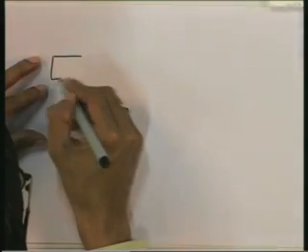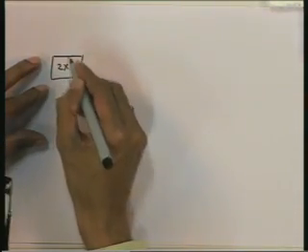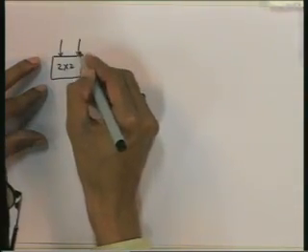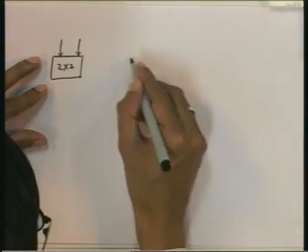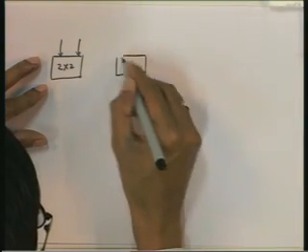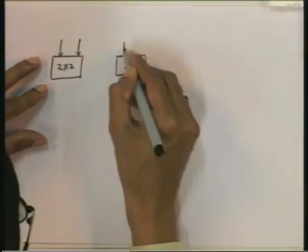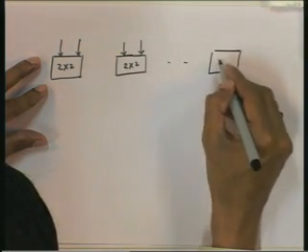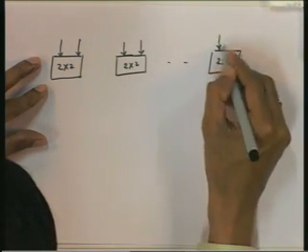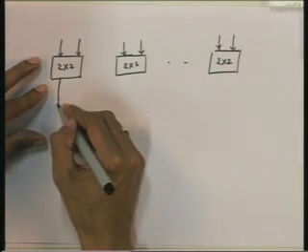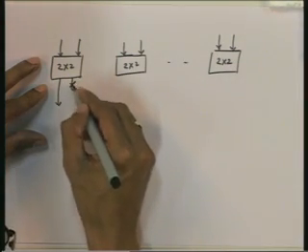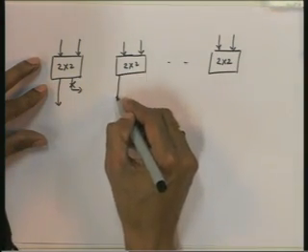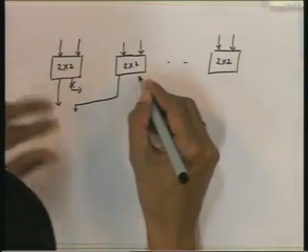Let me just explain here. You have 2 by 2, and here is a winner, and this is definitely the loser, and here is the winner.